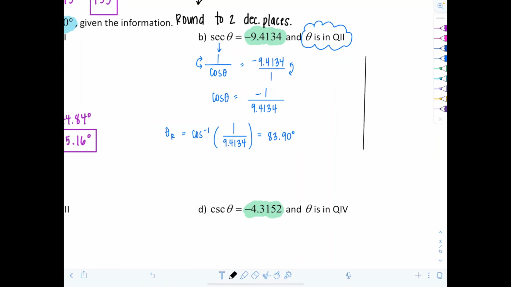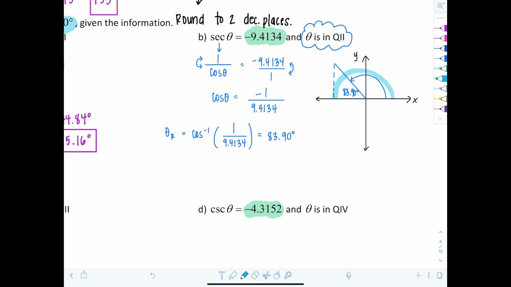All right, so let's see here. Here's my positive x-axis, positive y-axis. If we want our angle to terminate in quadrant 2, we're gonna go past the positive y-axis and stop here. The reference angle is what was left over until I hit the negative x-axis. That's my 83.90. So had we gone all the way to the negative x-axis, that would have been 180, right?